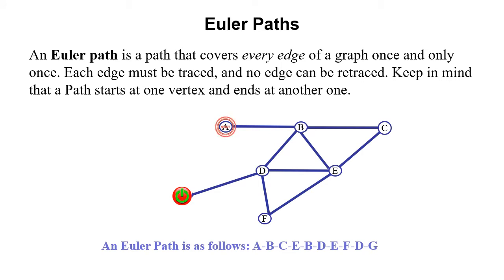Keep in mind, if we join G with A with a segment, then we're going to have an Euler circuit. So we have to add A over here also, and it will become an Euler circuit instead of a path.